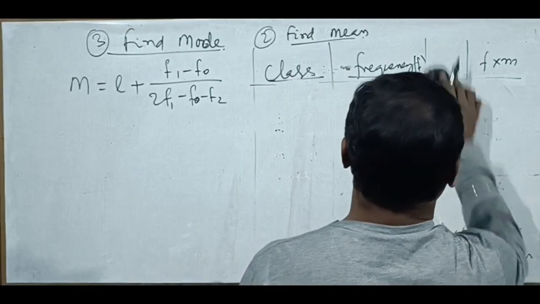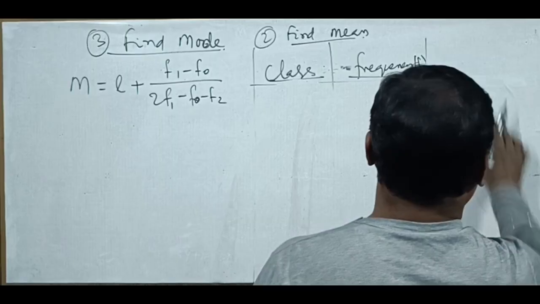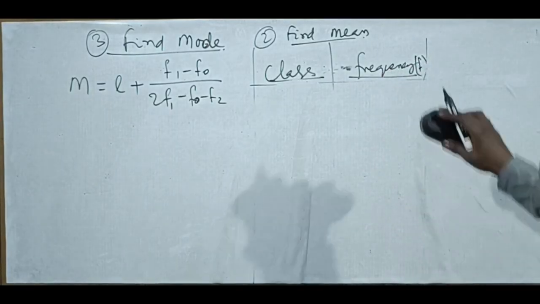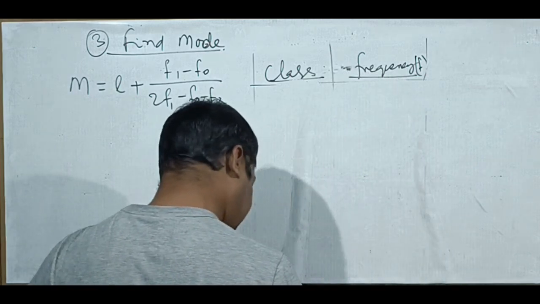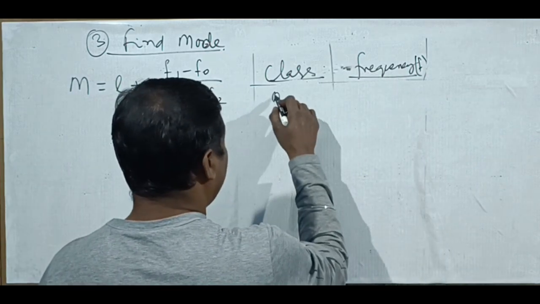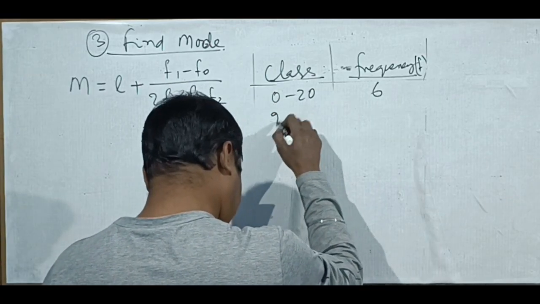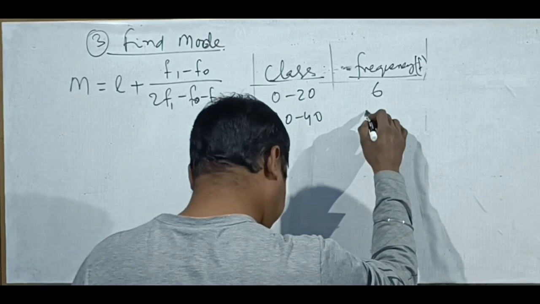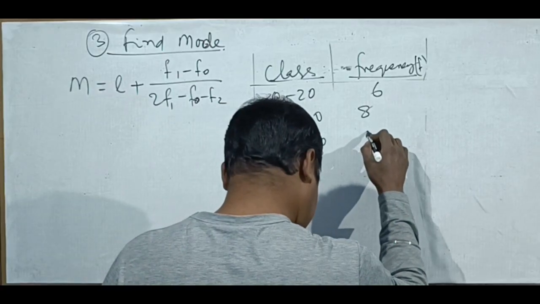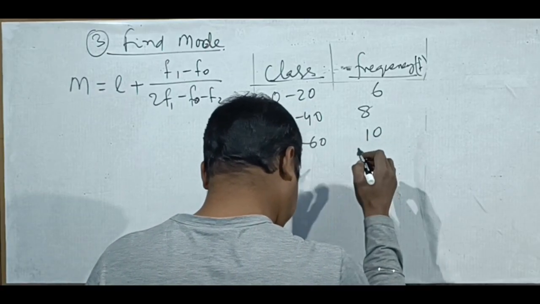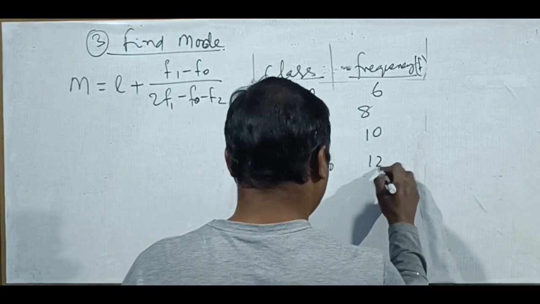So let's calculate. First, you have to find out the modal class. Okay. So the question, let me write the question first. The question is like this: class 0 to 20, and the frequency is 6. Again, 20 to 40, the frequency is 8. 40 to 60, the frequency is 10. 60 to 80, the frequency is 12.